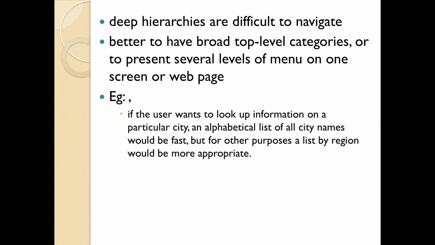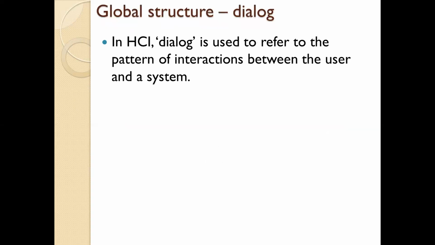It is better to have broad top-level categories and to present several levels of menu on one screen or web page. For example, if the user wants to look up information on a particular city, an alphabetical list of all city names would be fast, but for other purposes, a list by region would be more appropriate.